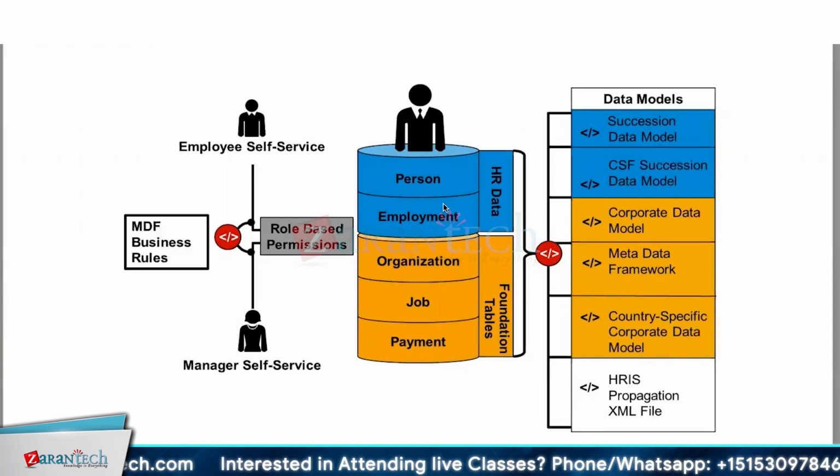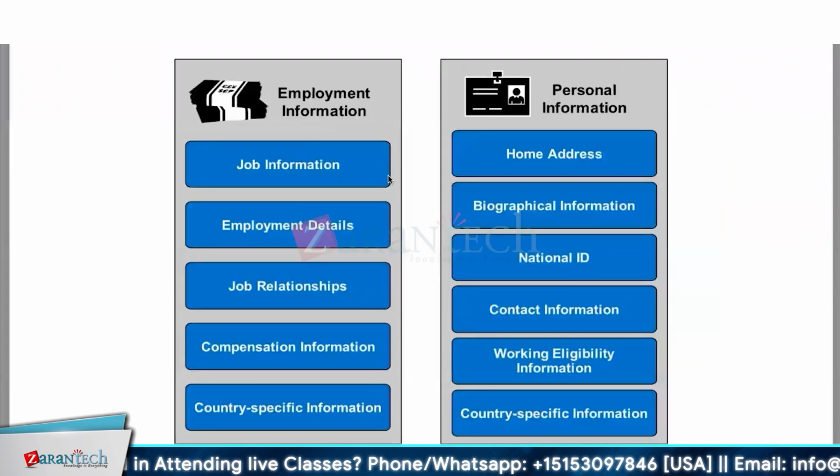So the entire employee data is divided into two categories, employees' personal details and employees' employment details. On the right-hand side, these are all the examples of employees' personal information, like address details, national IDs such as Aadhaar number, PAN number, contact details, and a few others.